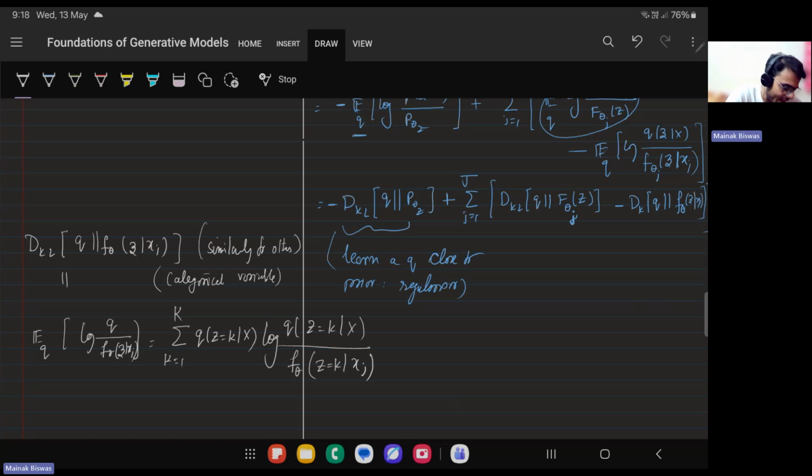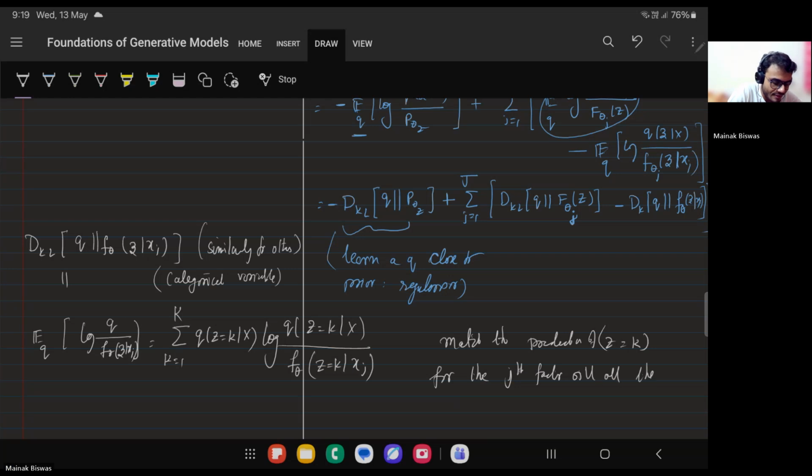Okay, so you are trying to match the prediction of z equal to k for the jth factor with all the factors.